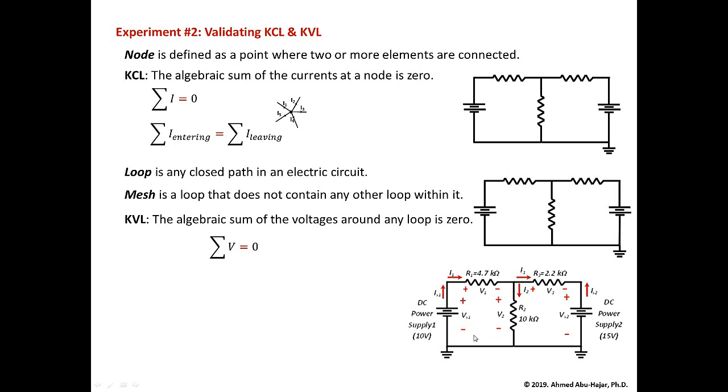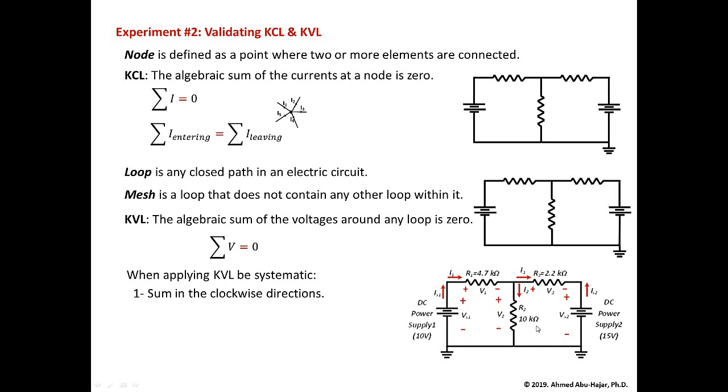So when we apply KVL, we have to be systematic. The first thing is, in my approach, I will always sum the voltages in the clockwise direction. So if I'm going to sum voltages, I'm going to sum them in this way or in that way, in the clockwise direction.